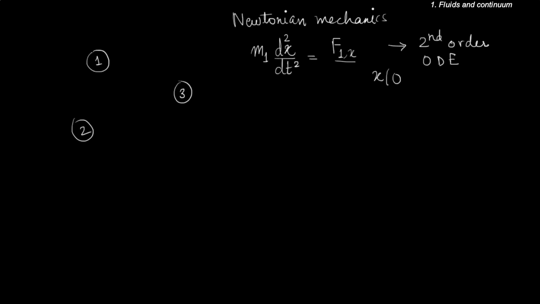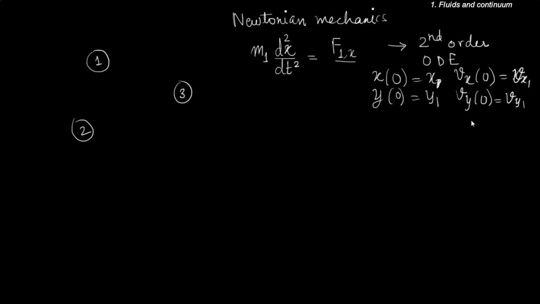So x at time 0 is x0 or x1 in this case. y at time 0 should be y1. Vx at time 0 is vx1 and Vy at time 0 is Vy1. So these are the initial conditions.